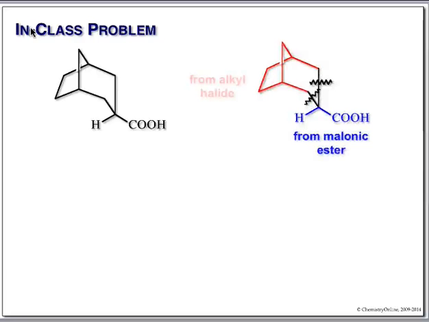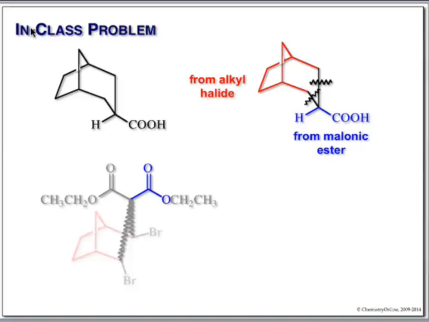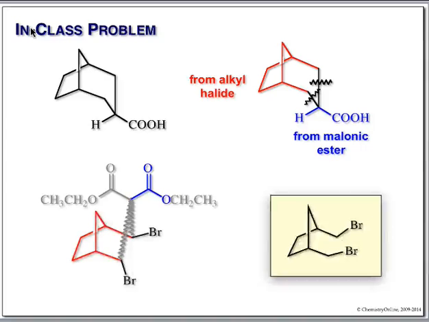So these are the two bonds you made, and this is from your alkyl halide. The alkyl halide must have had a 5-membered ring, 1, 2, 3, 4, 5, right? CH2Br, CH2Br, and would look like that.